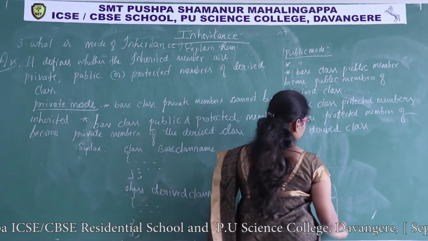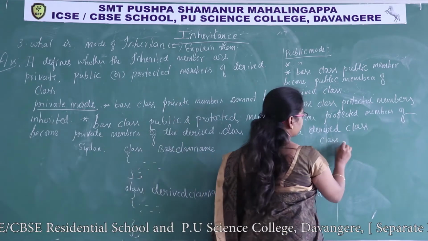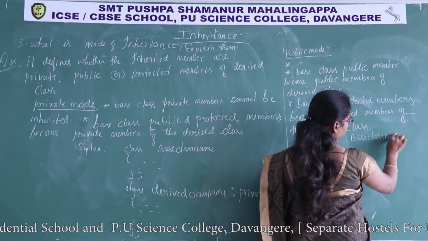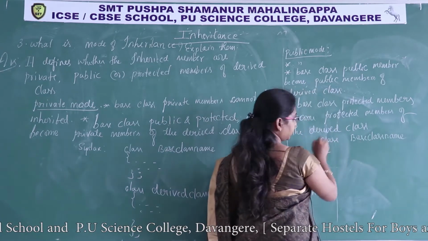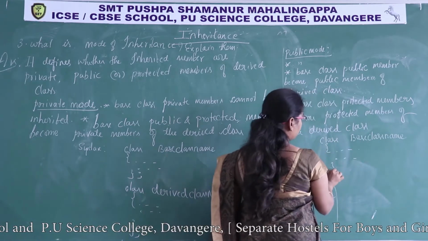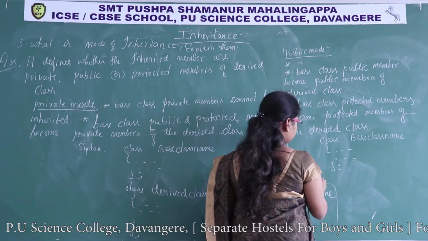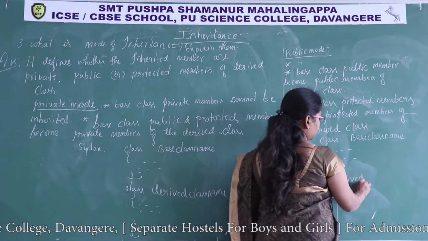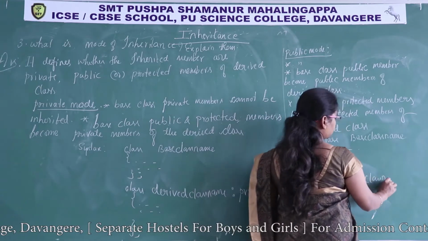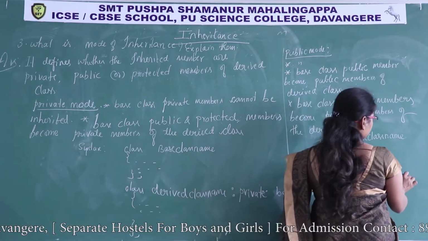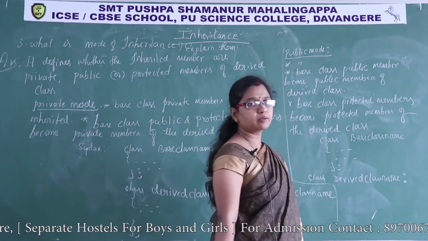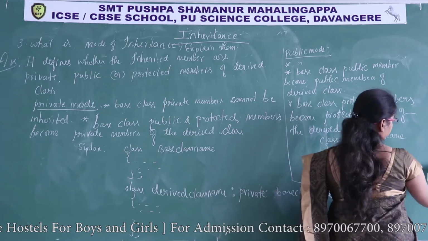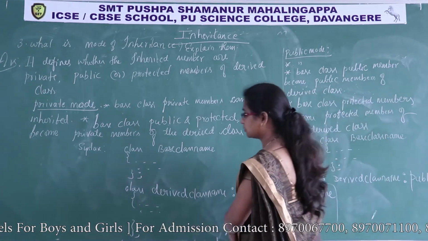And syntax same: class base class name, open flower bracket, body of the class, derived class name, colon. So now which mode? Public mode. So you must write public here, public base class name, sorry.